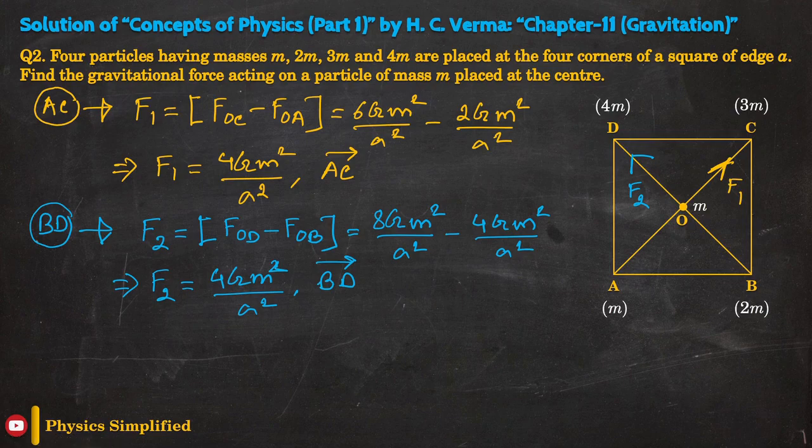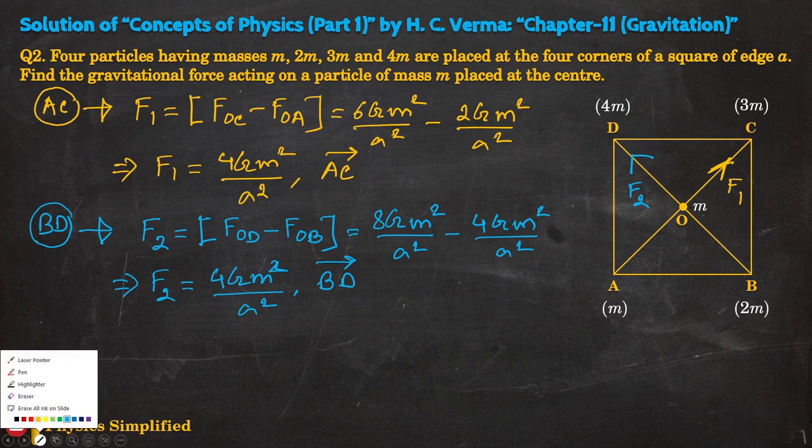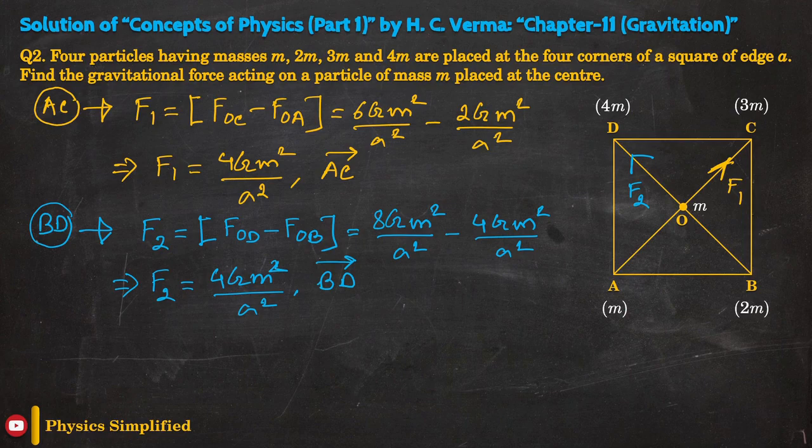So now we have two forces, F1 and F2. See, the magnitudes of F1 and F2 are the same, but they are along two different lines AC and BD, where AC and BD are mutually perpendicular, because diagonals of any square are always mutually perpendicular.